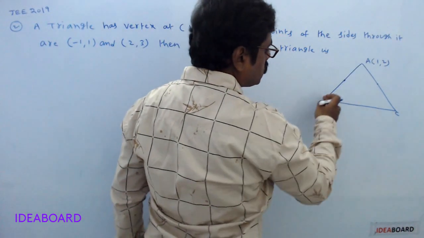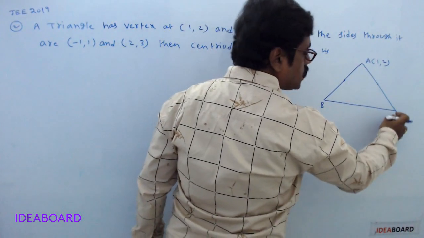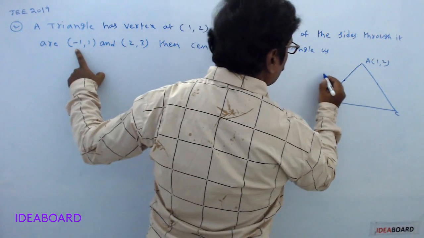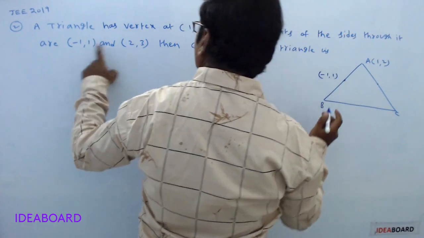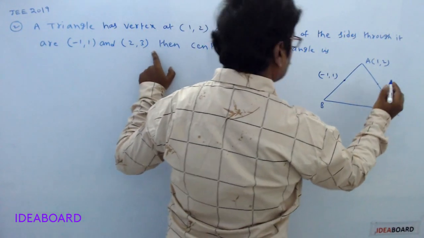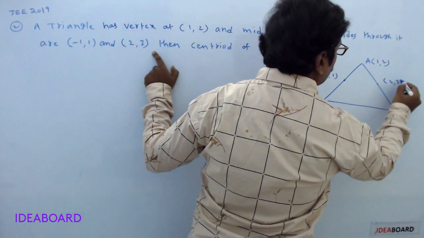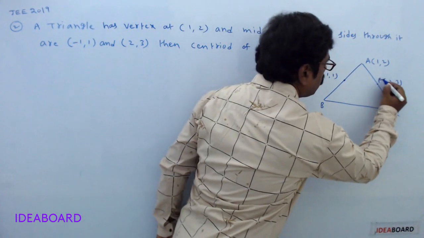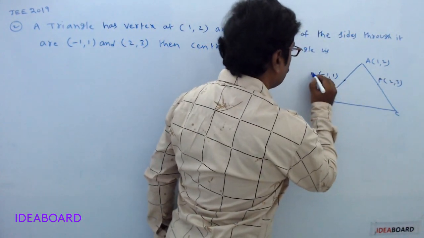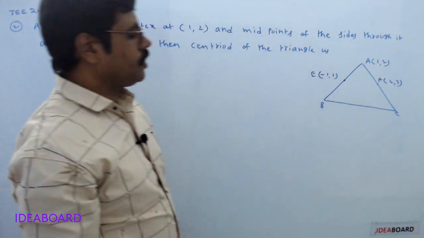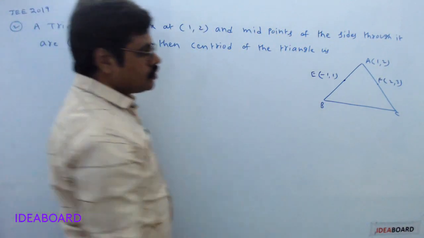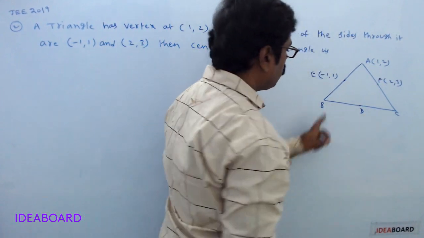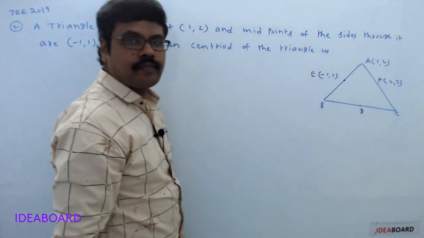So the midpoint of this side is given, and the midpoint of this side is given. The midpoint of the side AB is (-1, 1). Now the midpoint of the side AC is (2, 3). Denote this point with the letter F, and take this point as E. Suppose D is the midpoint of the side BC.